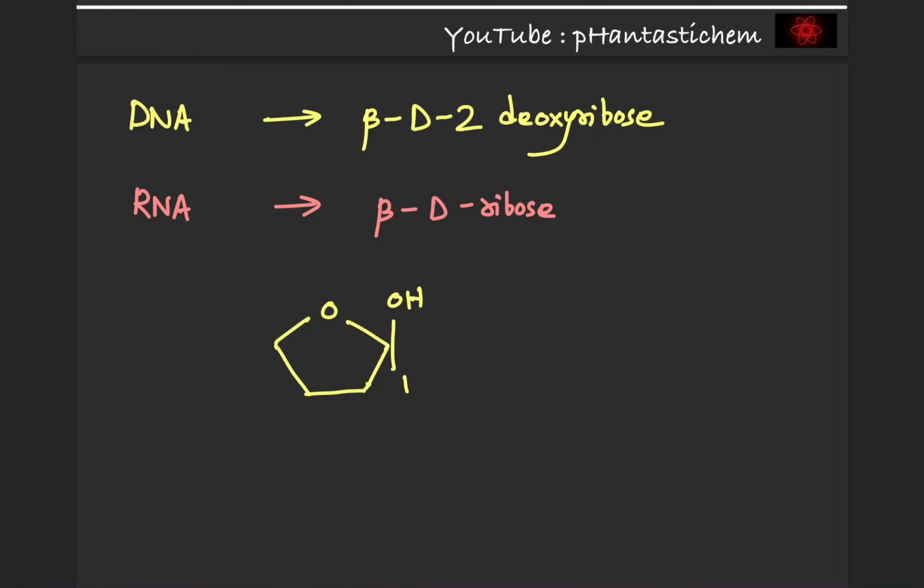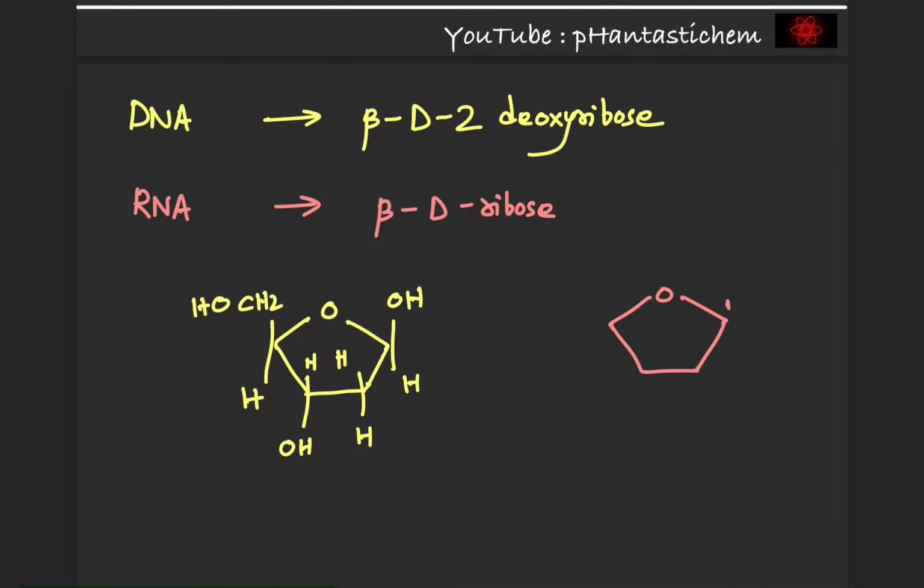So OH, H, H, H, OH, H, CH2OH, and H. So this is beta D 2-deoxyribose, and beta D ribose is OH, H, H, OH, H, OH, CH2OH, and H.